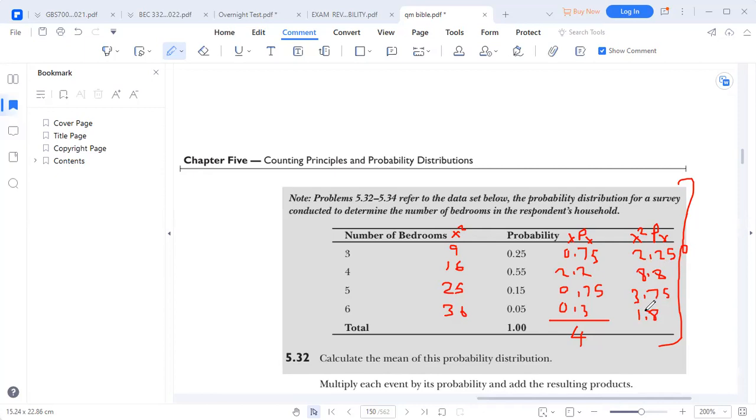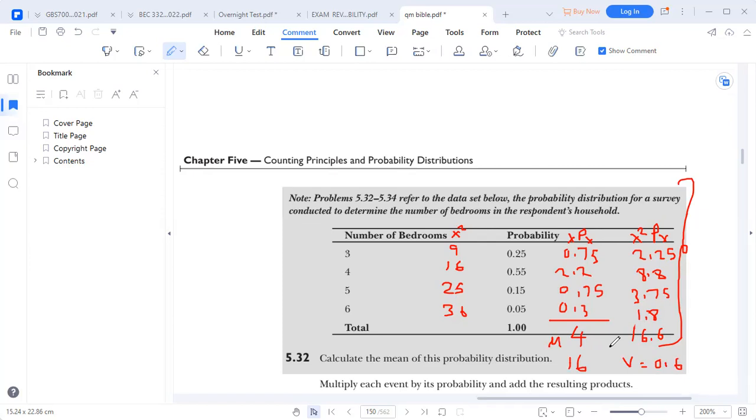And total them up, we get 16.6. And when you square this 4, 4 squared, you get 16. So the 4 is our mean. 16.6 minus 16, we get 0.6. 0.6 is our variance.